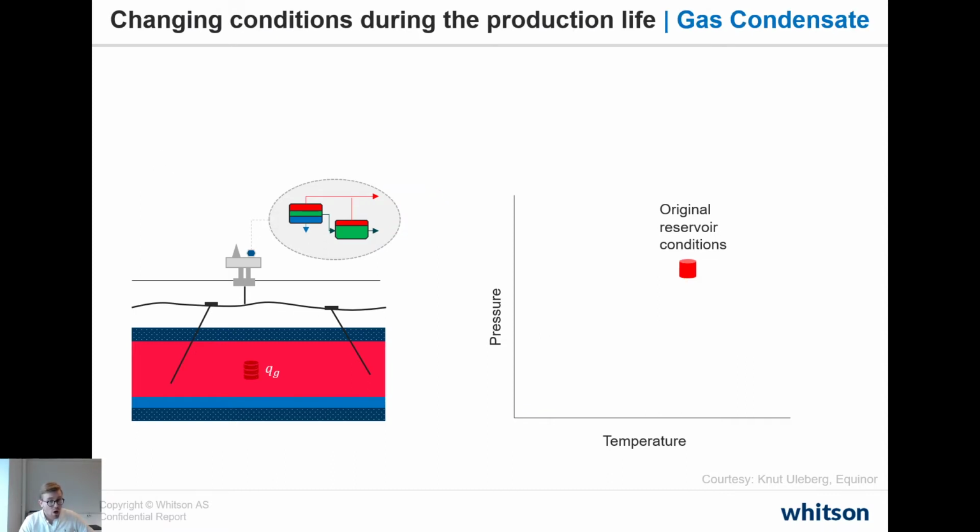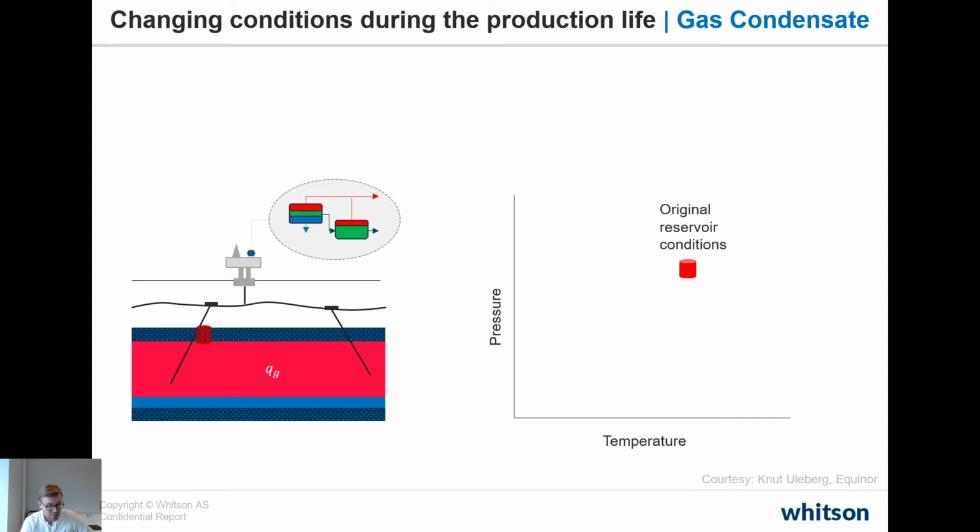One of the more complex fluid systems that we deal with in the real world is what we call gas condensate reservoirs. At original reservoir pressure, if the original reservoir pressure is above the saturation pressure, then we have a single phase gas in the reservoir.